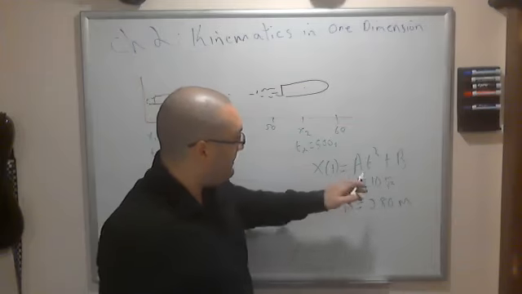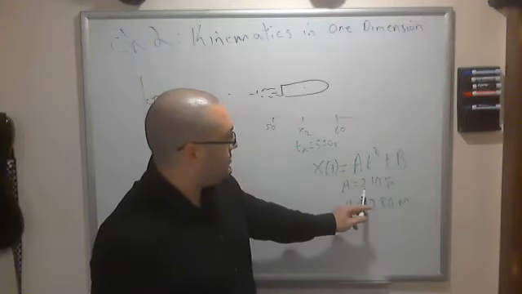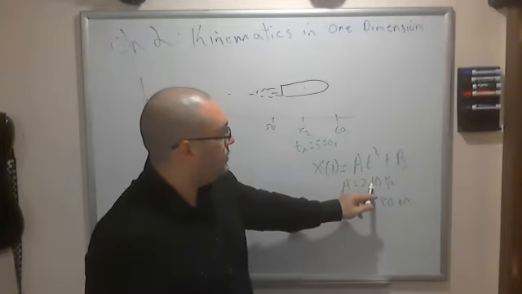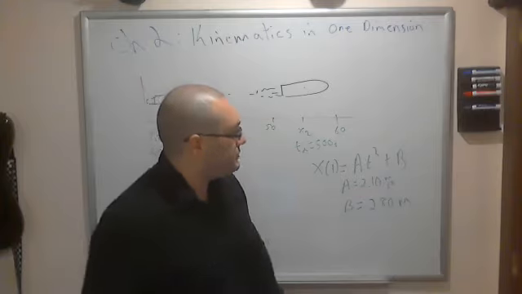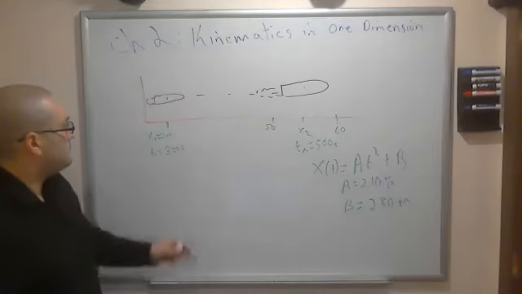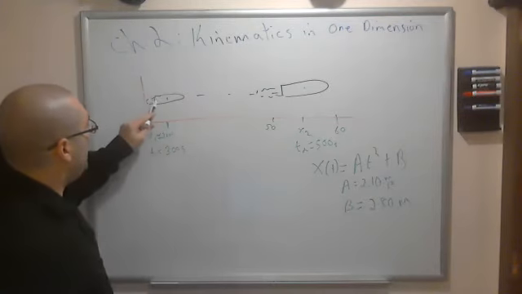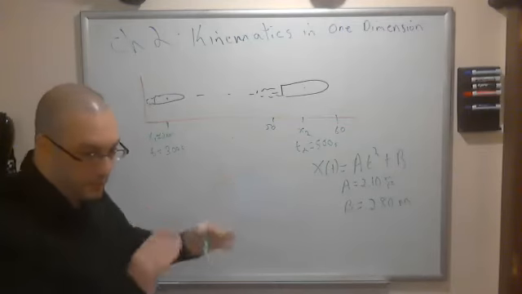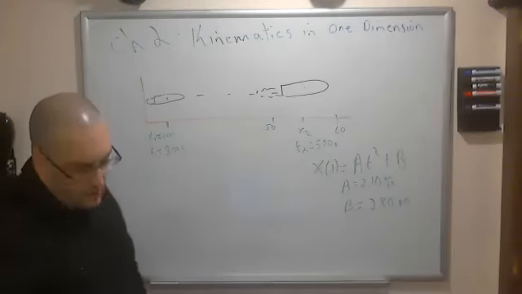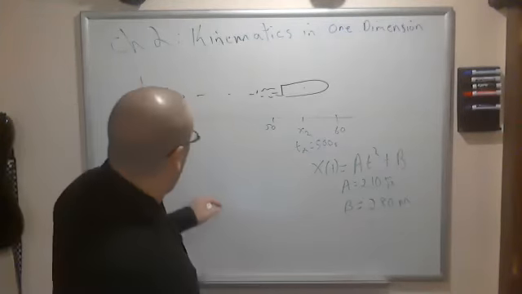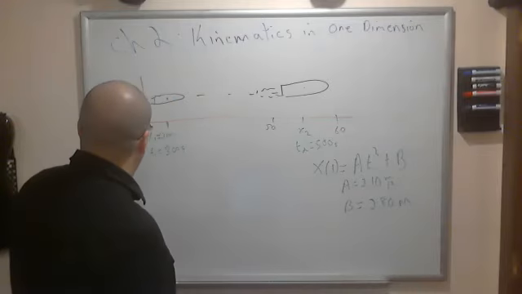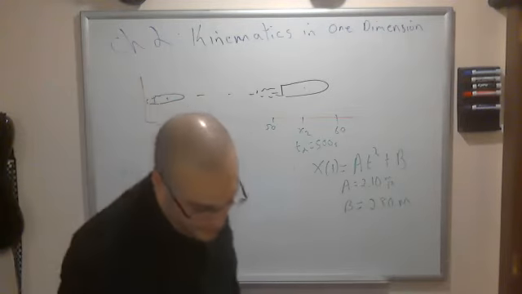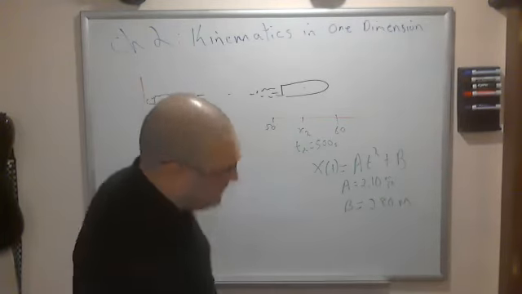So at 0, it starts at 2.8 meters, which we could take to be the fact that the rocket is some length. All right, so the first part of the question, A, is what is its displacement?